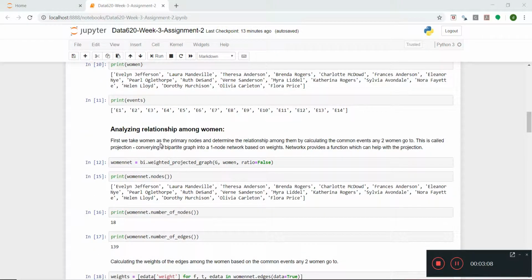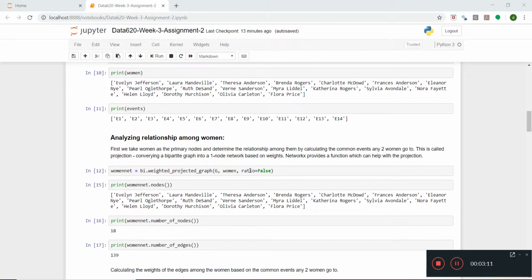Moving forward, the first step to analyze this graph is to take the main nodes as women, and see the relationship among women based on the events, the common events that these women went to.